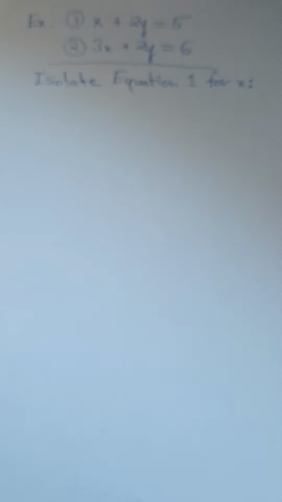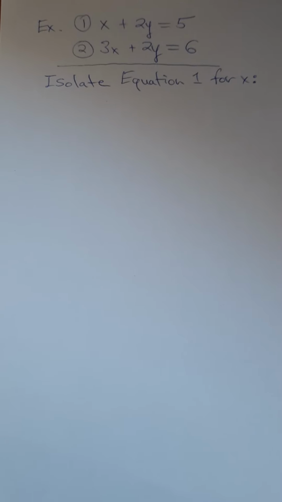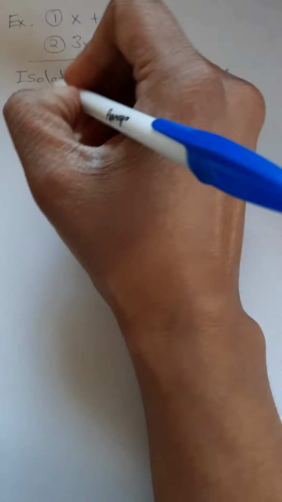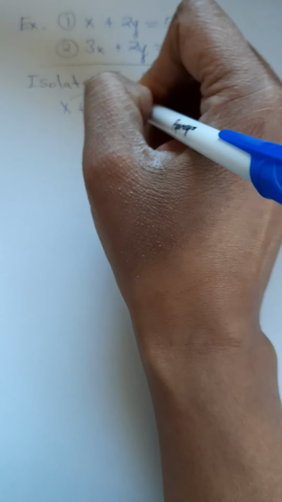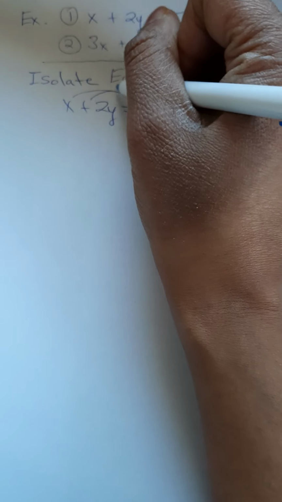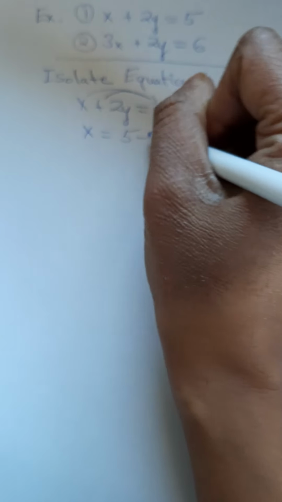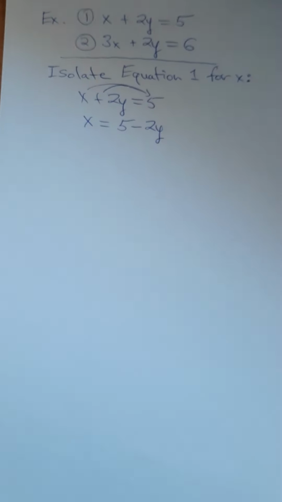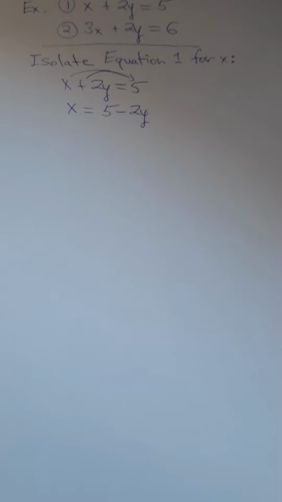Wherever I see a coefficient of 1, that's the equation I want to isolate. So I have x plus 2y equals 5. We'll take the 2y to the other side, so x equals 5 minus 2y. We're just isolating for x in our first step.